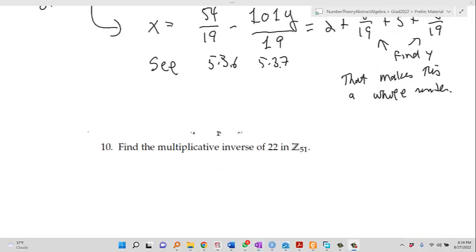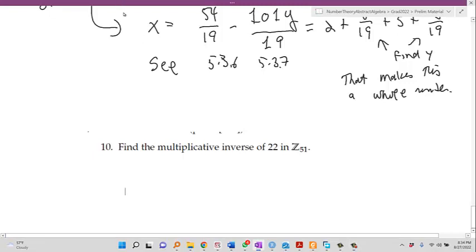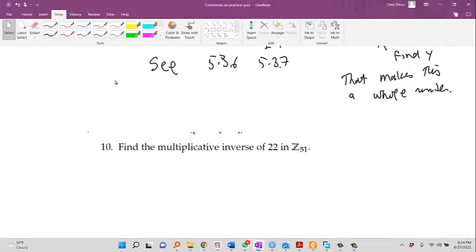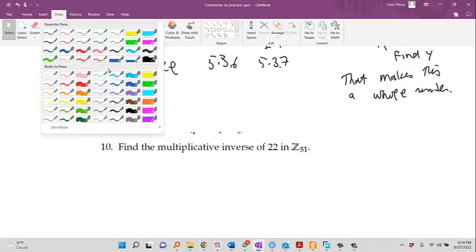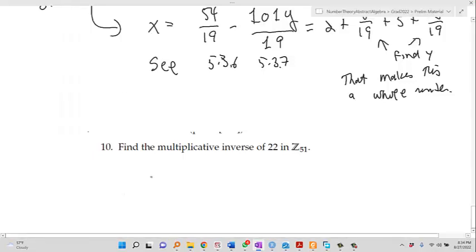Okay, next one here, find the multiplicative inverse of 22 in Z51. What is the multiplicative inverse of 22? The multiplicative inverse is the integer in Z51 that satisfies 22n is equal to 1 mod 51.